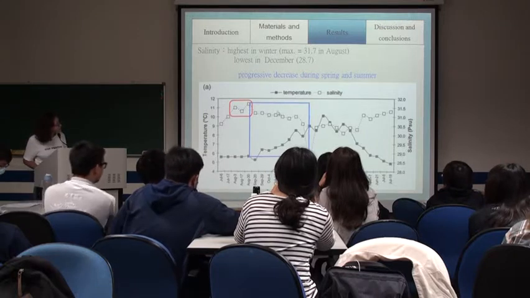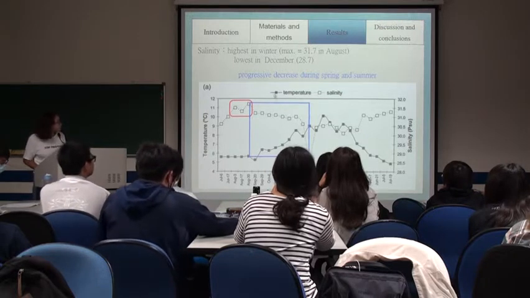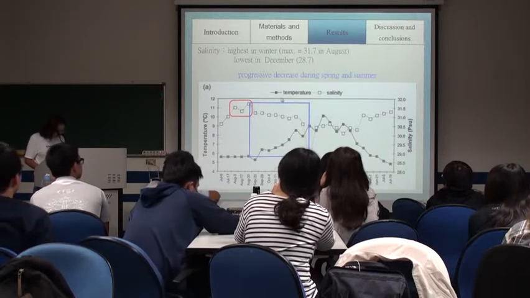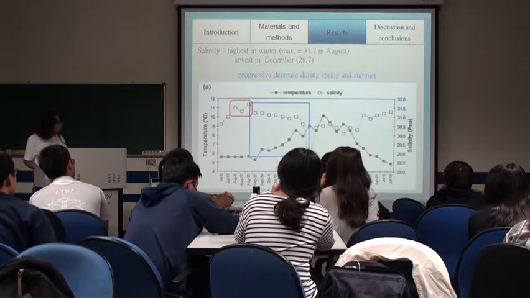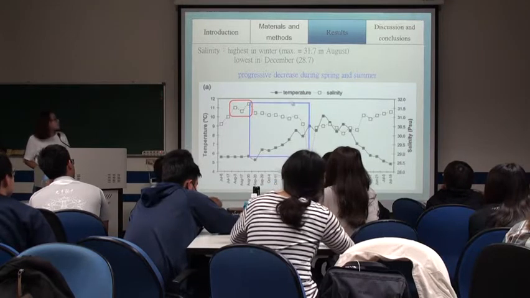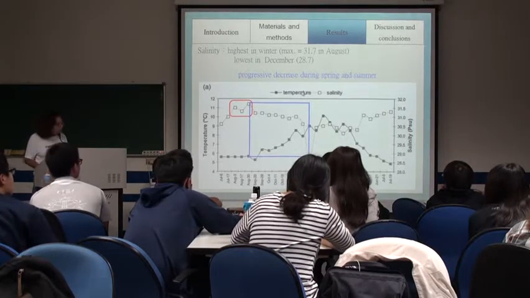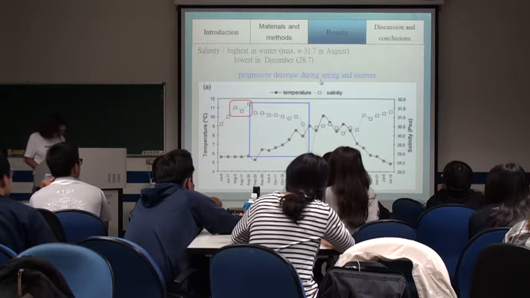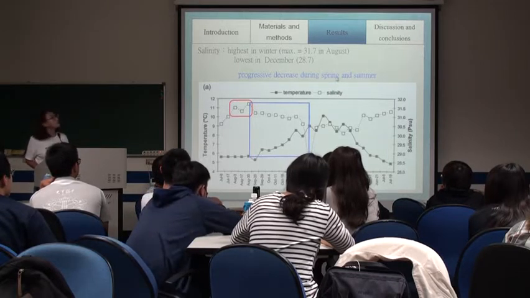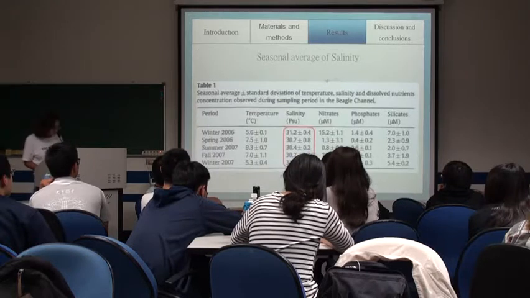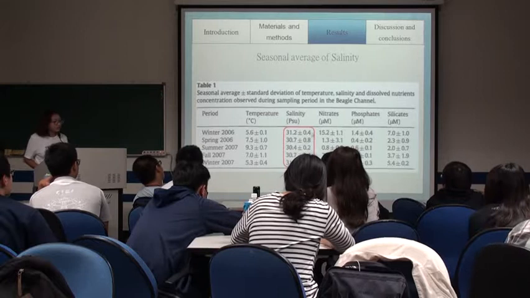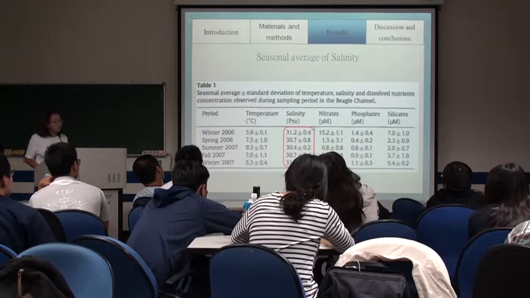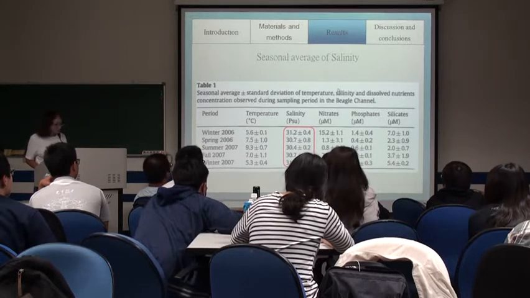But in the spring and summer, it decreases. Here we can see the seasonal average of salinity.